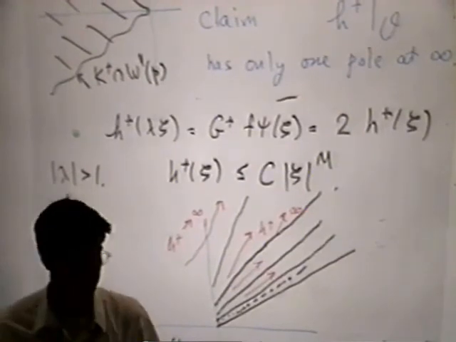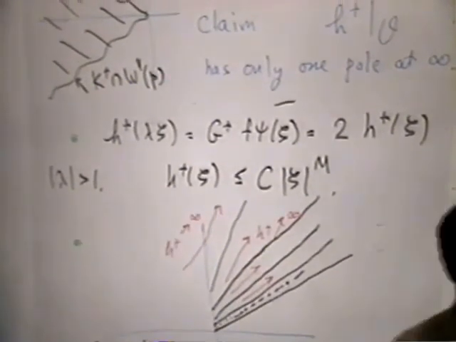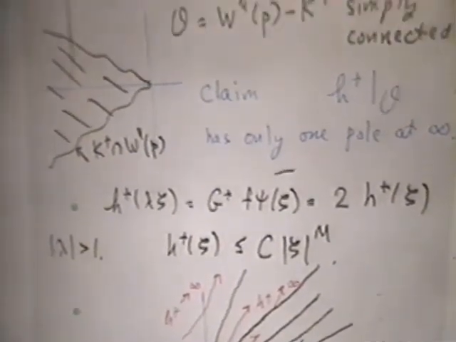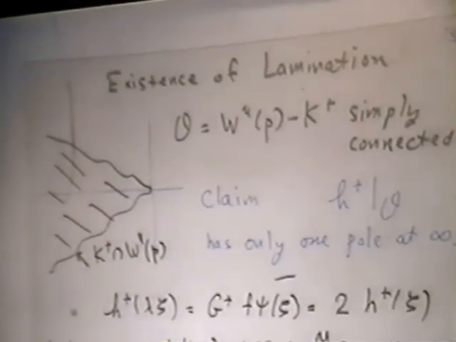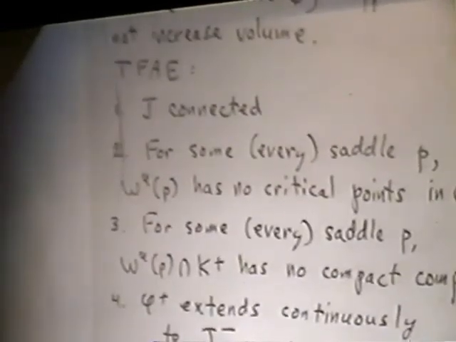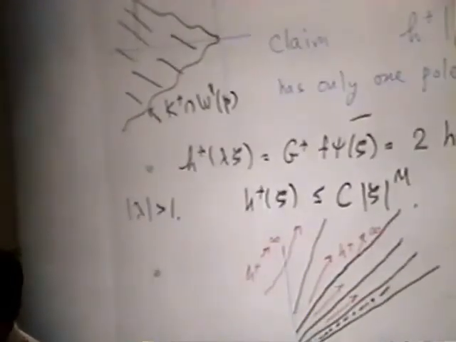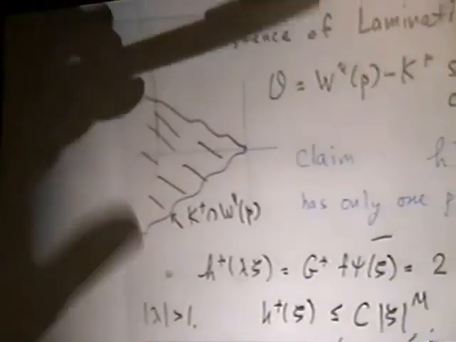We have several equivalent conditions in the theorem. I want to use the condition that there's a simply connected component, and I want to work with this simply connected component. So here I am. I've got a saddle point P.